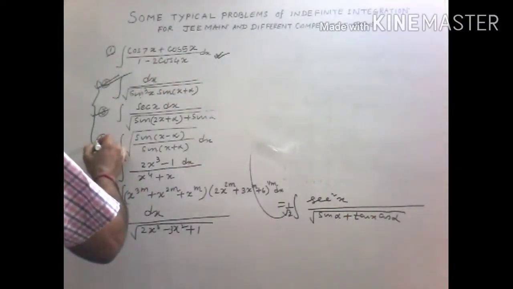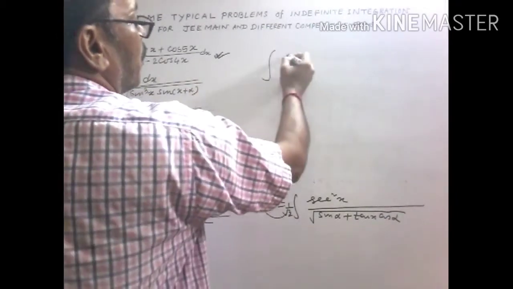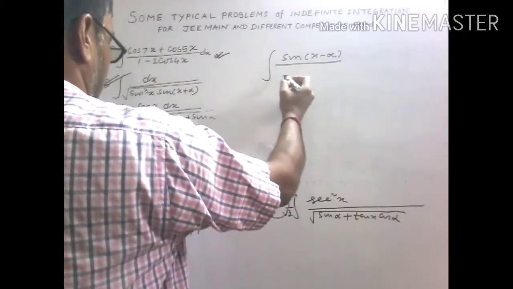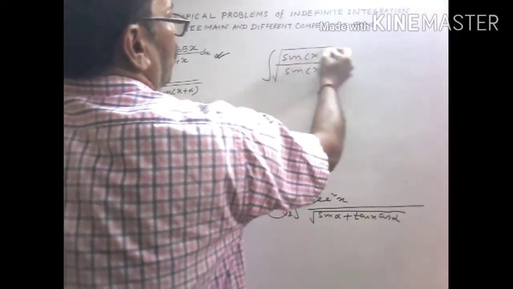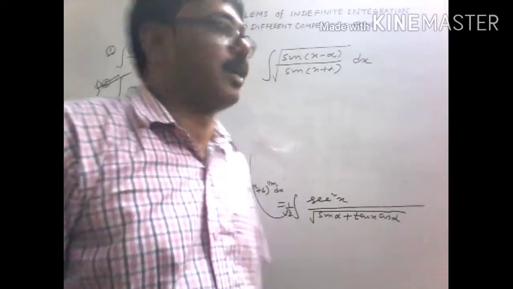Problem number 4. Look, this is also of the same type but slightly different. You look, sin x plus alpha by sin x minus alpha. Our main aim is to remove the root from the numerator.